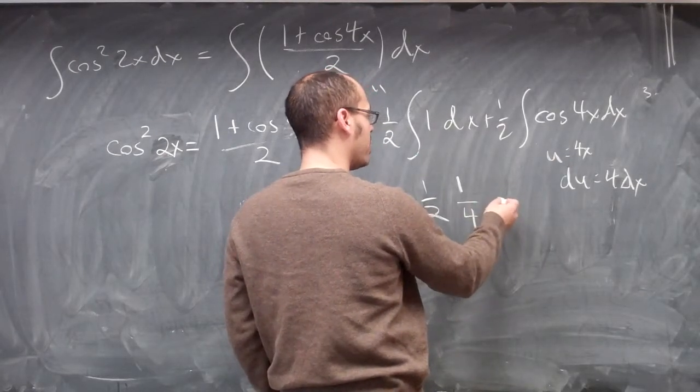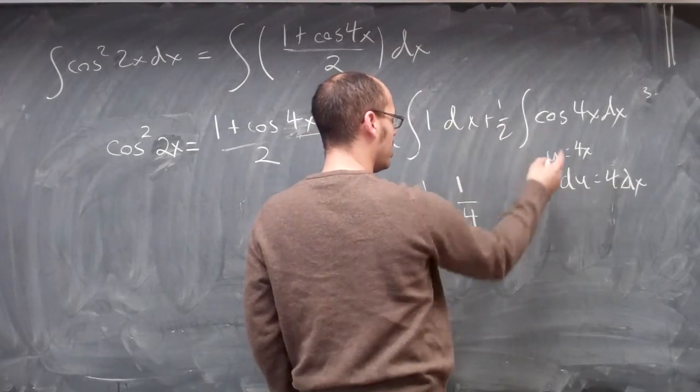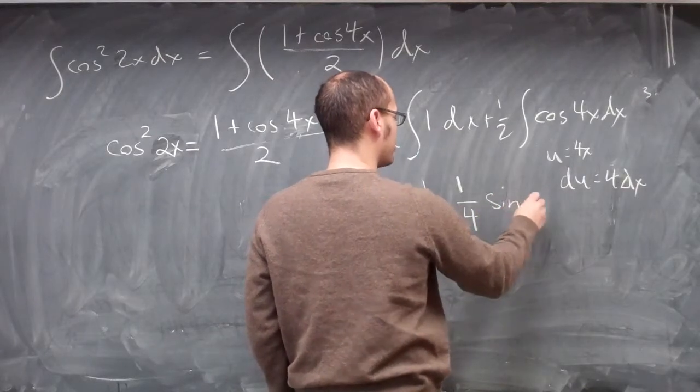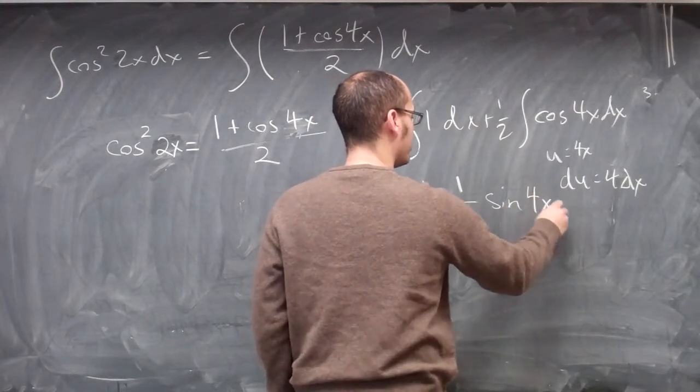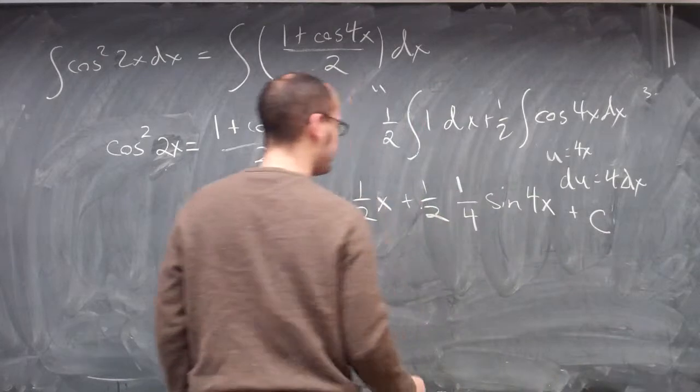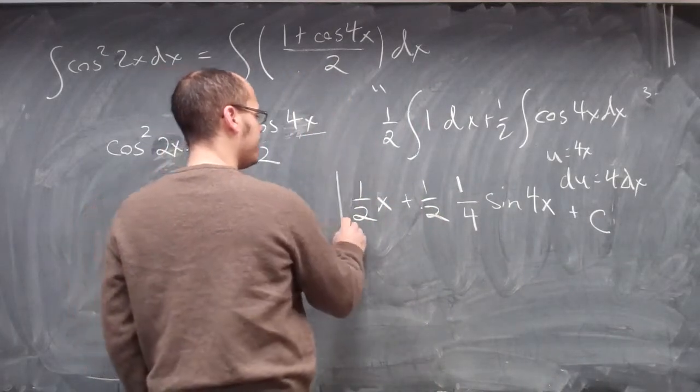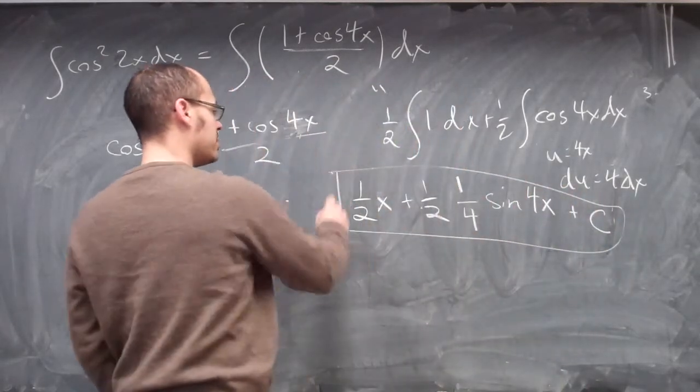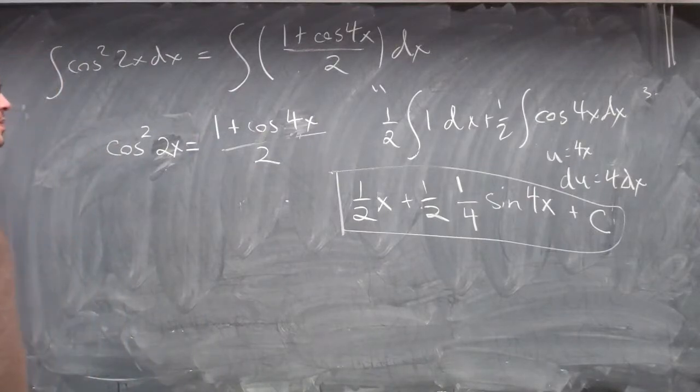So we get 1/4, and then instead of a cosine, we have a sine. The integral of cosine is sine 4x plus c. And so that's that integral there.